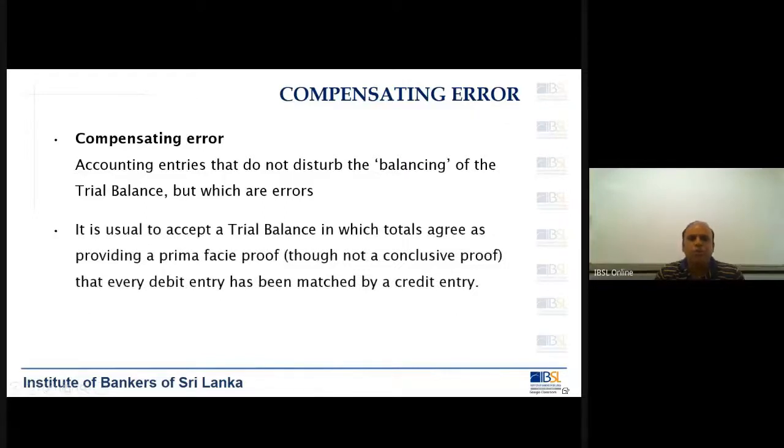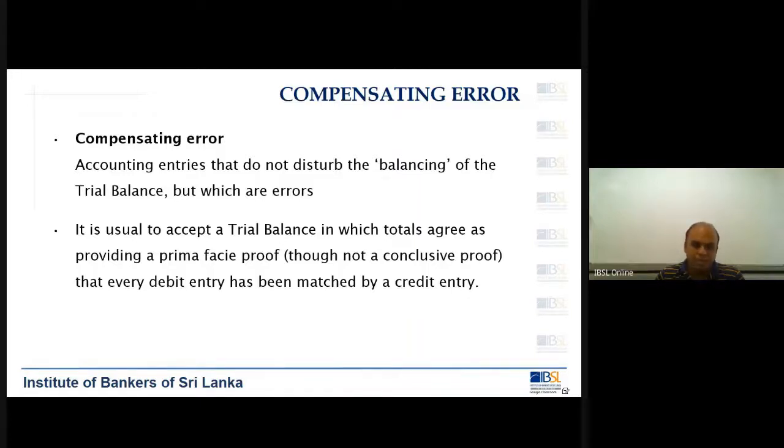So it is usual to accept a trial balance in which the totals agree as providing prima facie proof, though it is not conclusive, that every debit entry has been matched by a credit entry. When the trial balance is balanced, we say that for every single debit that you have posted, there has been a credit.